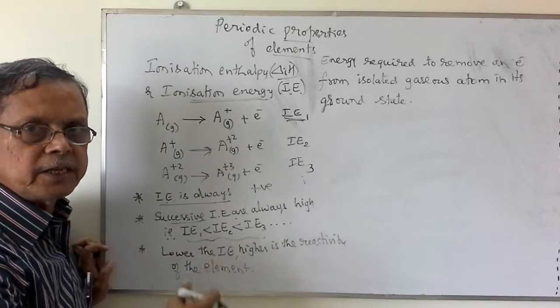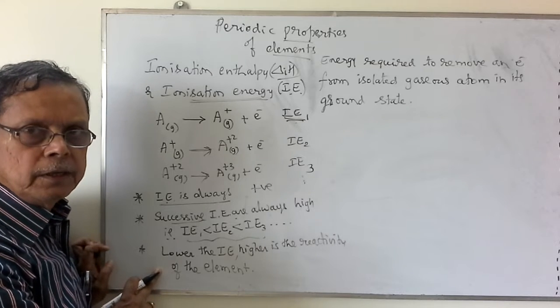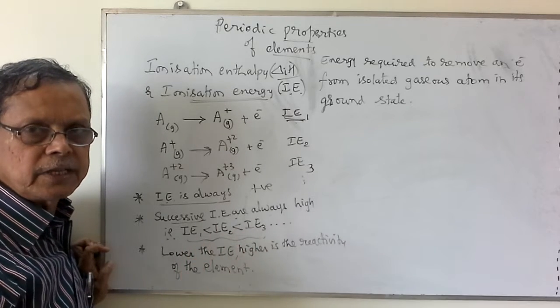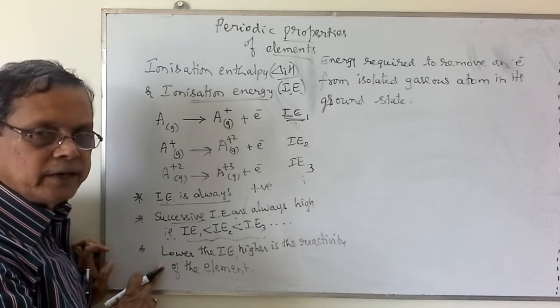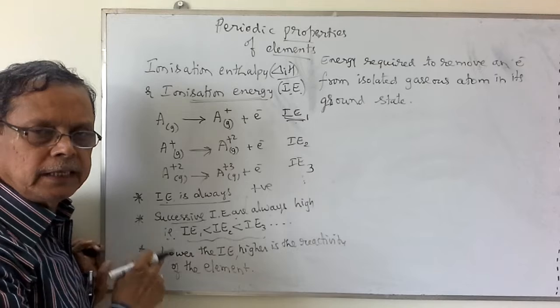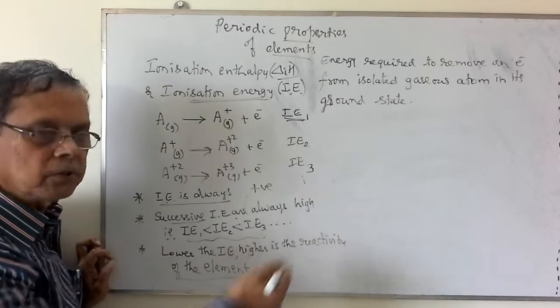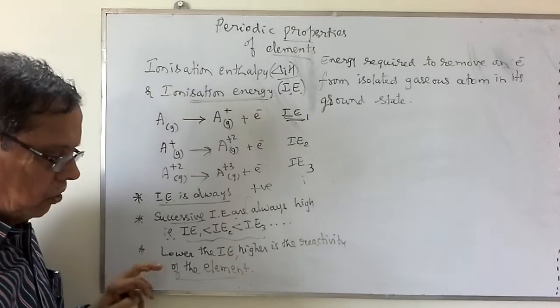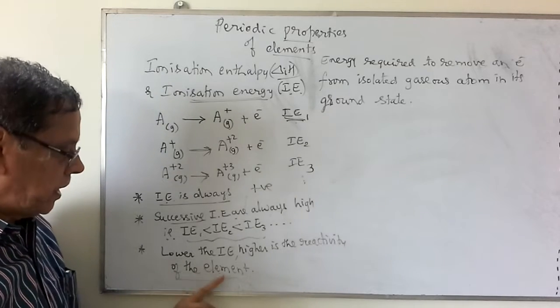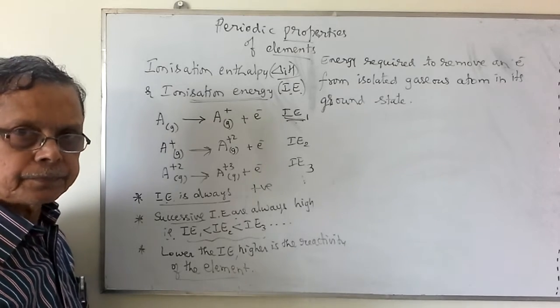We'll consider the explanation afterwards. But when you consider any element in the first group, compared to the other elements in the same period, ionization energy will be lower for the first element, that is the alkali metal. That's why alkali metals are highly reactive as compared to the other elements. That is, the lower the ionization energy, the higher will be the reactivity for the particular element.